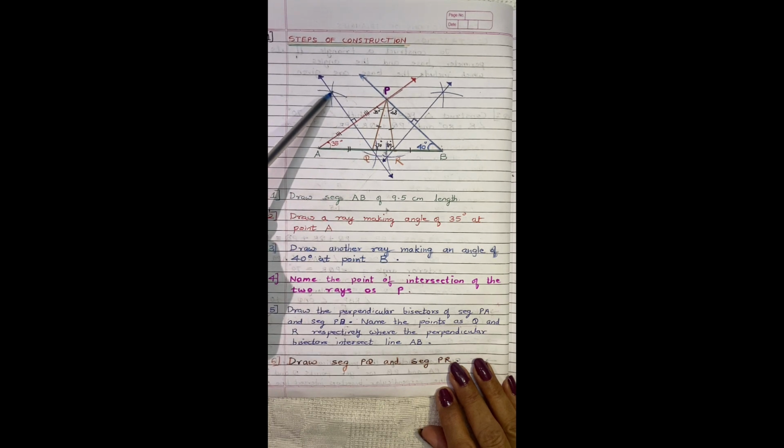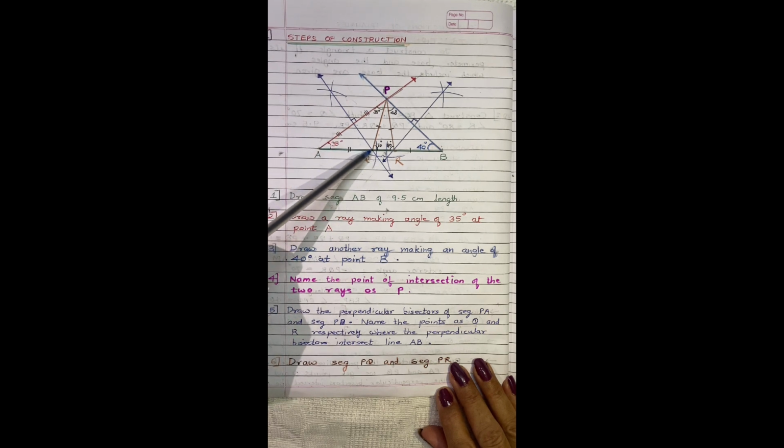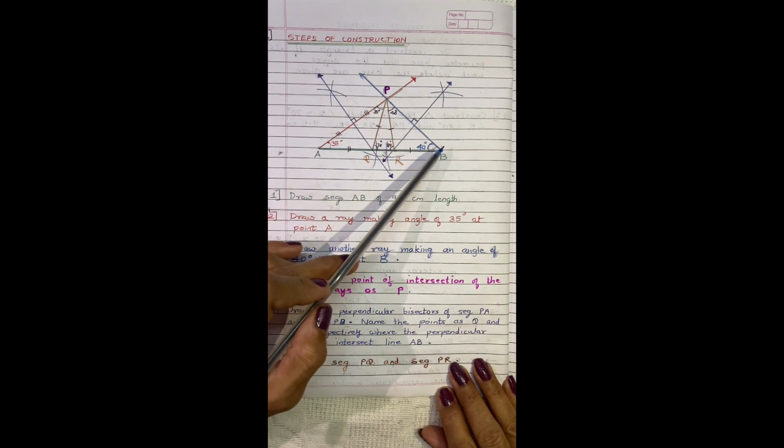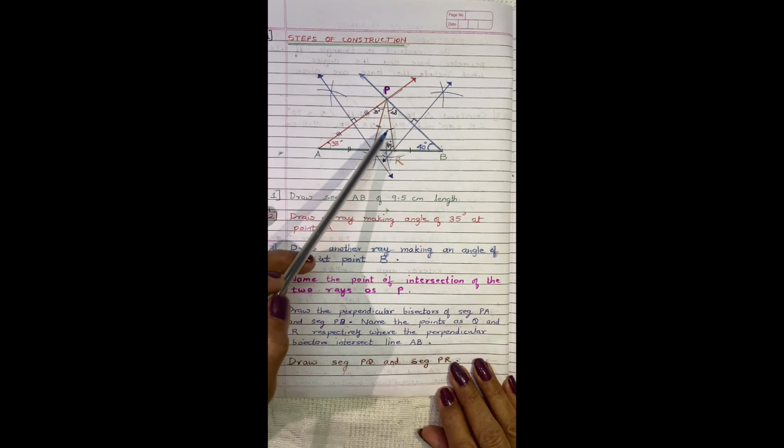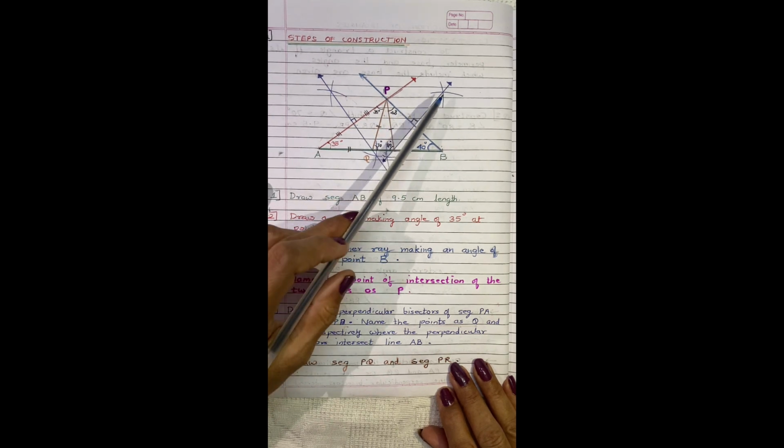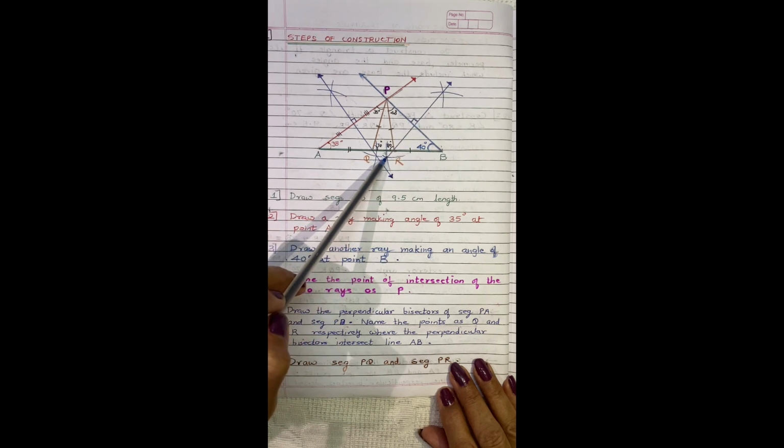We will get two points of intersection and we draw the line. We have got point Q here on line AB. Similarly, we draw the perpendicular bisector of segment PB, and we get point R here.